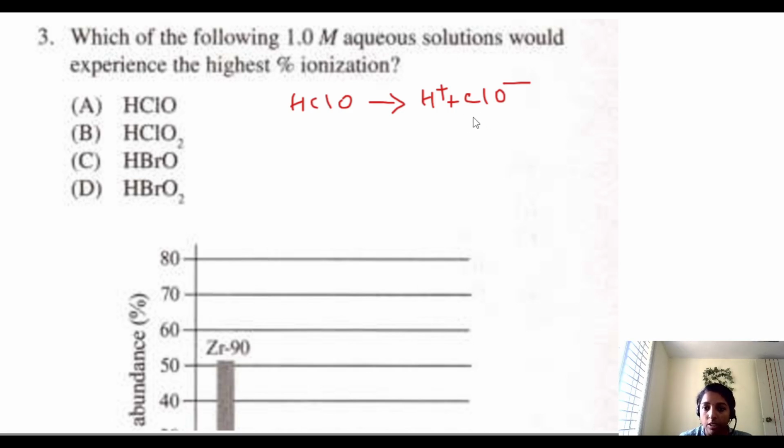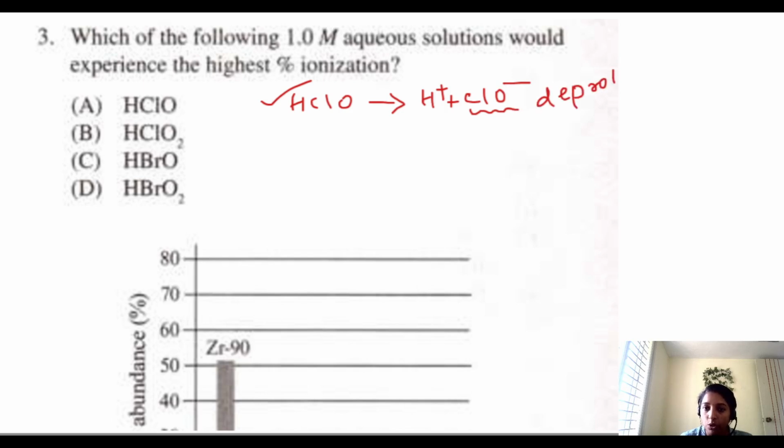Suppose they donate this H plus, ClO minus is formed. If ClO minus is stable, then HClO will easily donate H plus. ClO minus is called the deprotonated form.